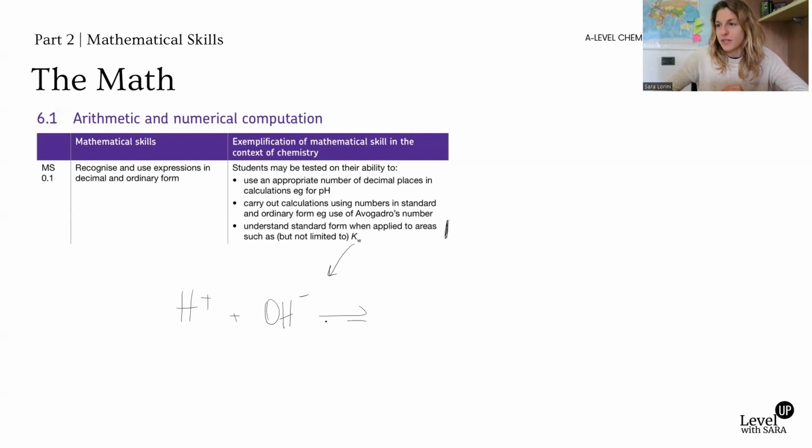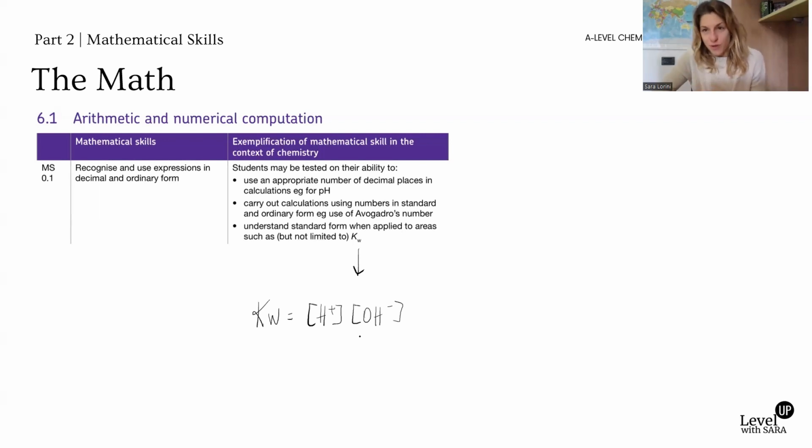H plus and OH minus, well, it dissociates to them, so KW specifically is calculated as the concentration of H plus times the concentration of OH minus. We ignore the concentration of water because it's so much bigger. But the dissociation is so small that the number of the KW is very, very small.